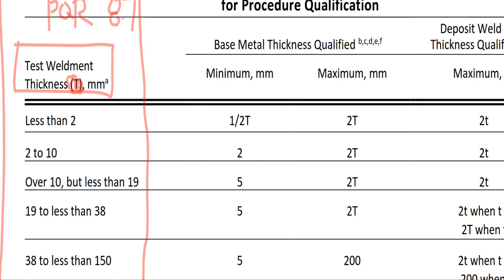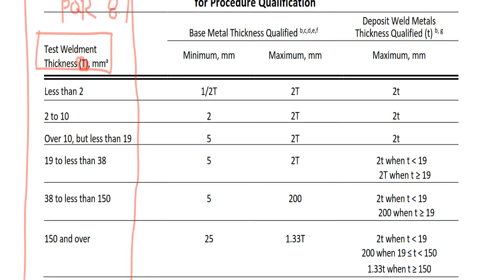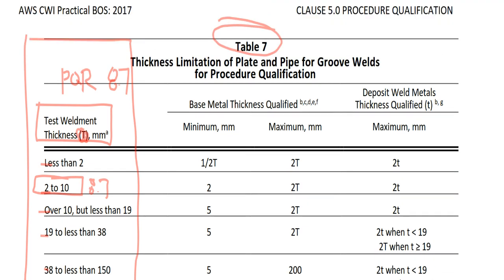So you find the range of the base metal thickness on these lines, and 8.7 belongs to the second line, since 8.7 is in the range 2 to 10. Then the base metal thickness qualified, this means for the WPS. And the deposit weld metal thickness qualified, the lowercase t, this is also for the WPS.